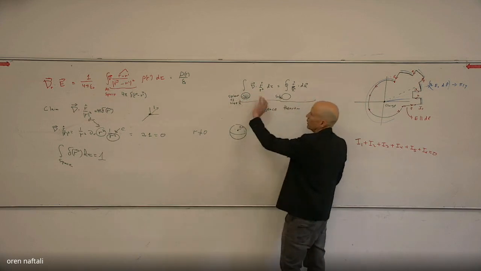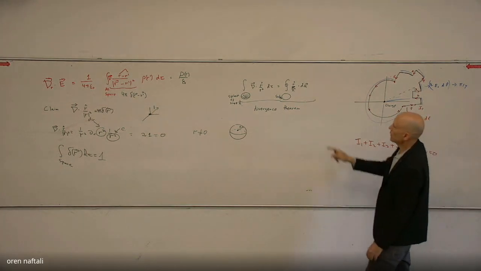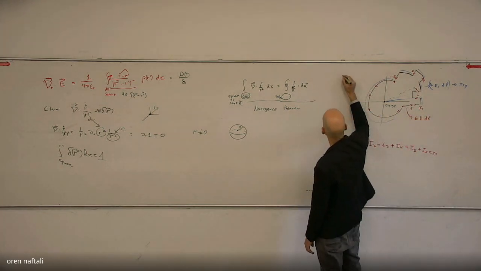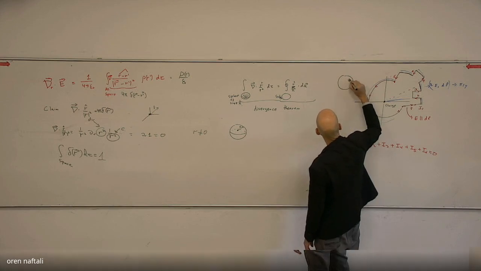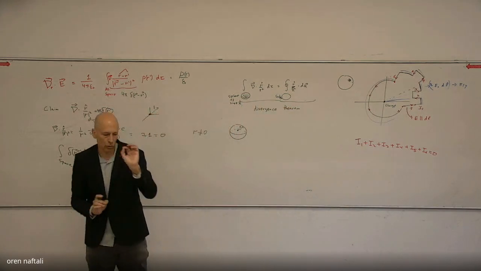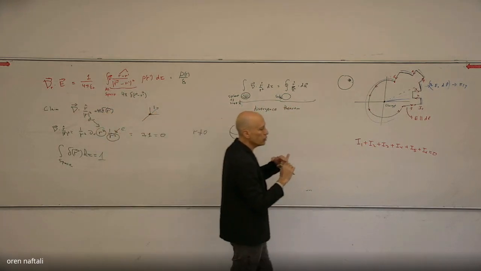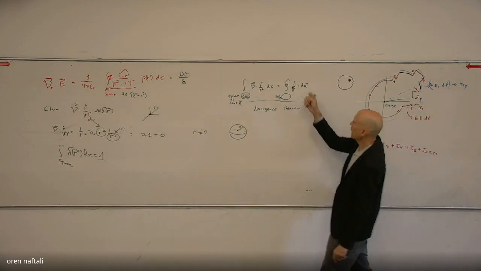So this is inside the sphere, this is on the surface of the sphere. And dA, as usual, has a direction. This direction is normal to the surface of the sphere. It's just a point, dA.